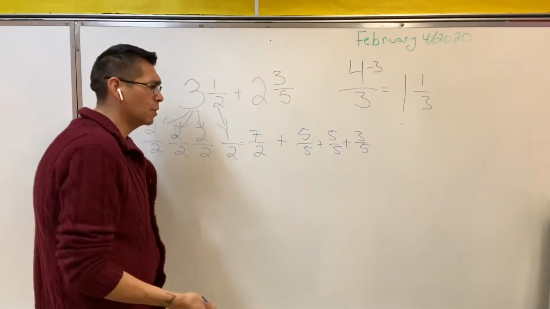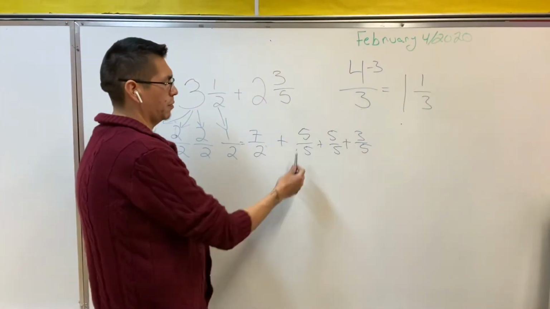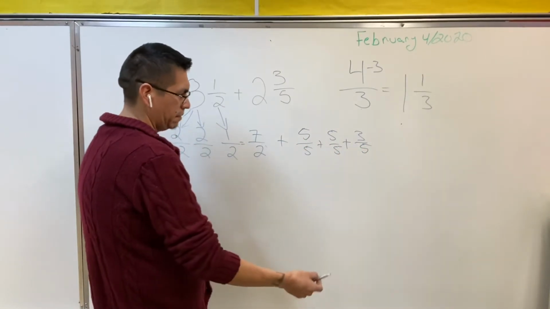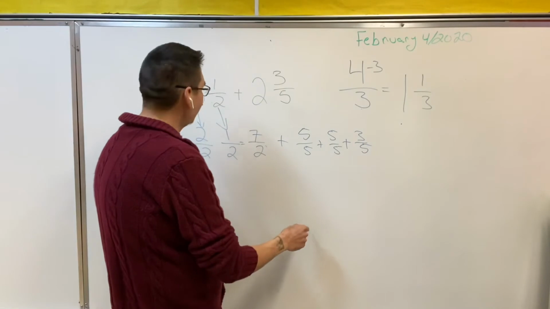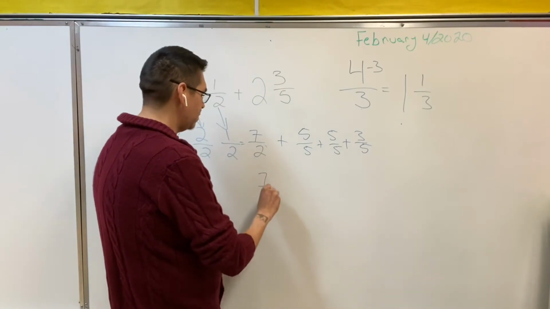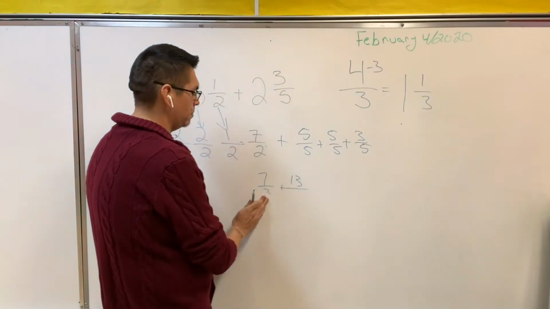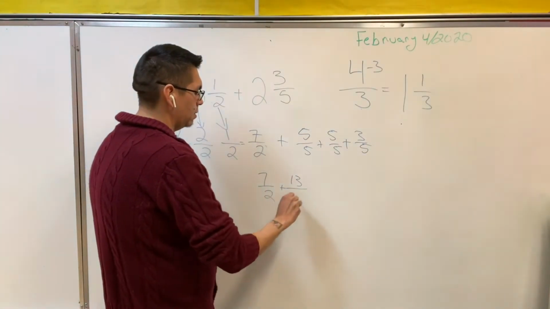Right? So 5 plus 5 is 10, plus another 5 is 13. All right, so we have 7 halves plus 13/5. Okay, 13/5.